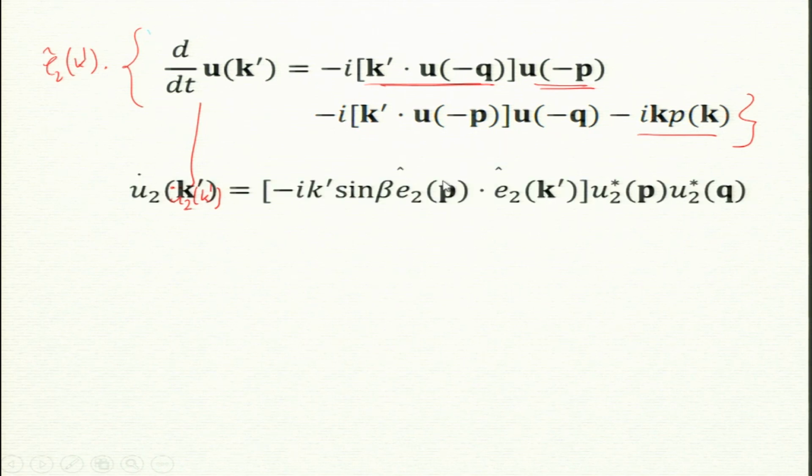So, instead of product of E1, now you have u2p dot u2k prime. Remember, this is easy. So, this is u2 star of p dot vector e2 of k prime. This is what is going to come from the dot product.